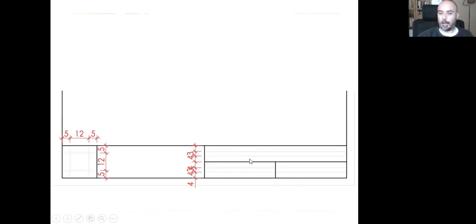And with, again, our thin lines, you need to create your borders for your lettering. Inside this square here, first you need to leave a 5 millimeter gap and then measure 12 millimeters and then a 5 millimeter gap again.